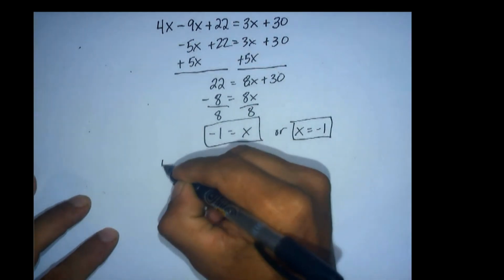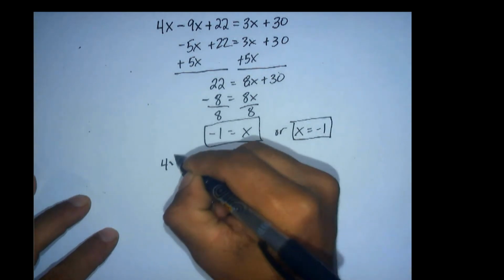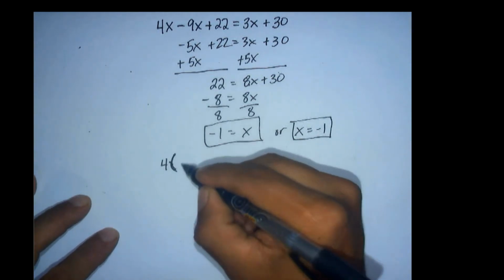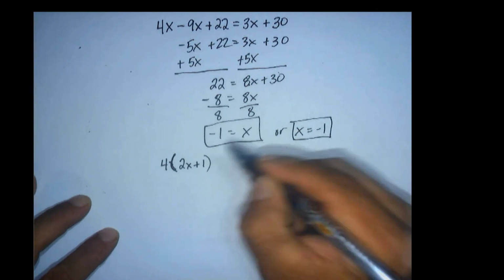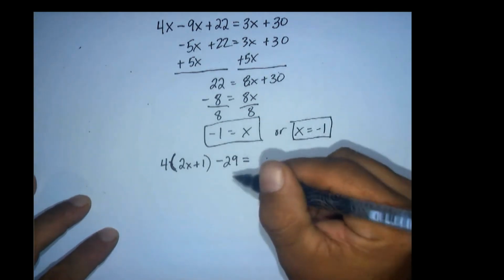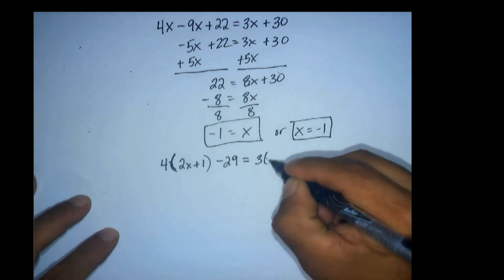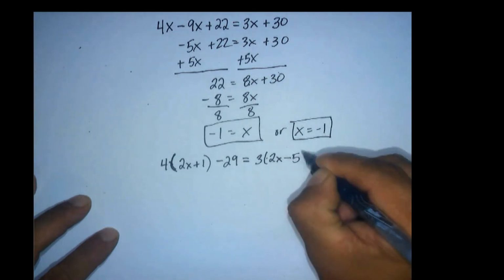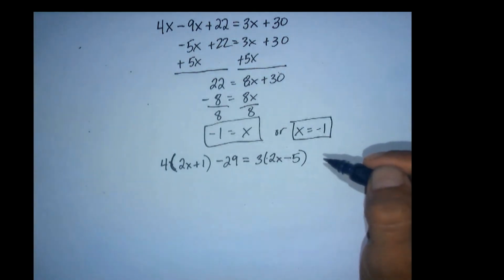Okay. 4 times the sum of 2x and 1 minus 29 is equal to 3 times 2x minus 5. Alright, so we're going to distribute on both sides, right?